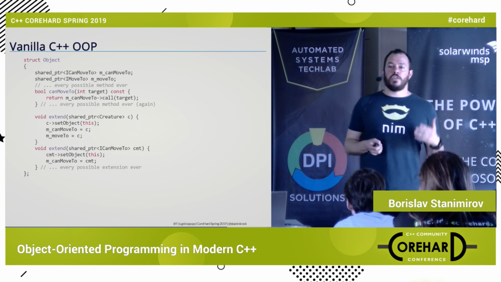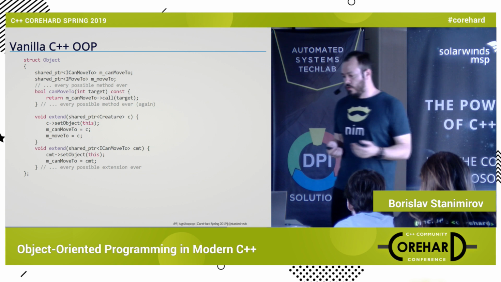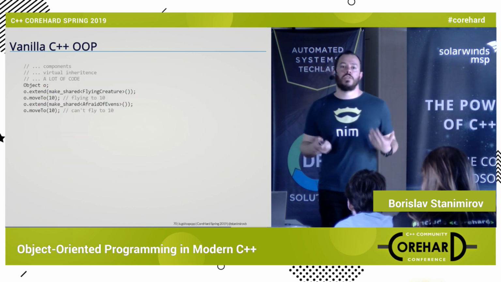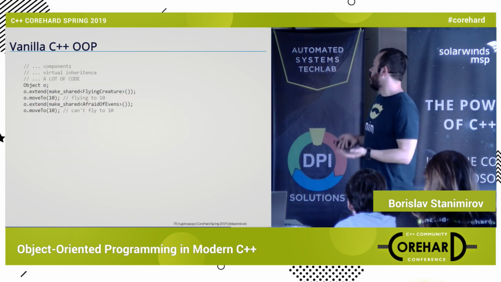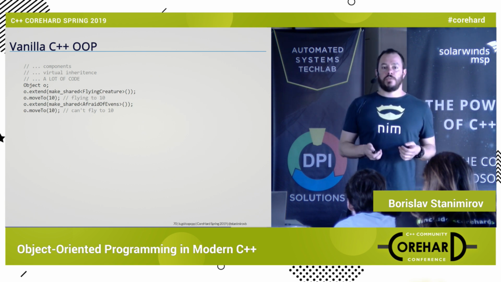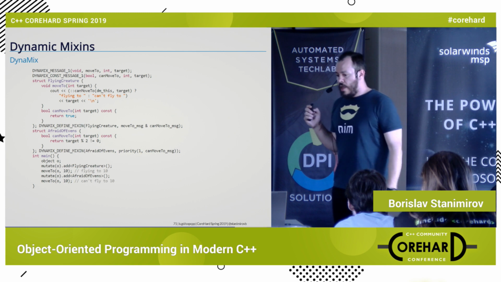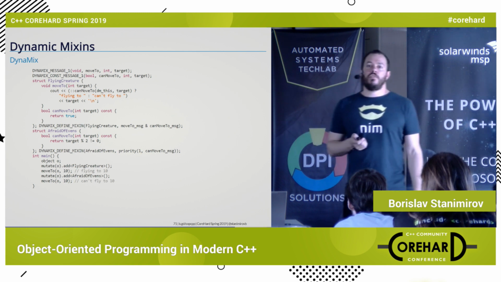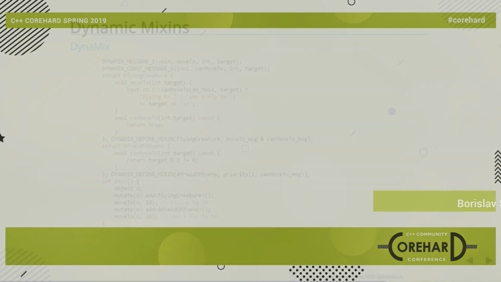You can set these interfaces to what they're supposed to do, and then you have this nice code which looks a lot like the Ruby code. You can have an object, you can extend it, you can move to it, and then the interfaces will override themselves appropriately.